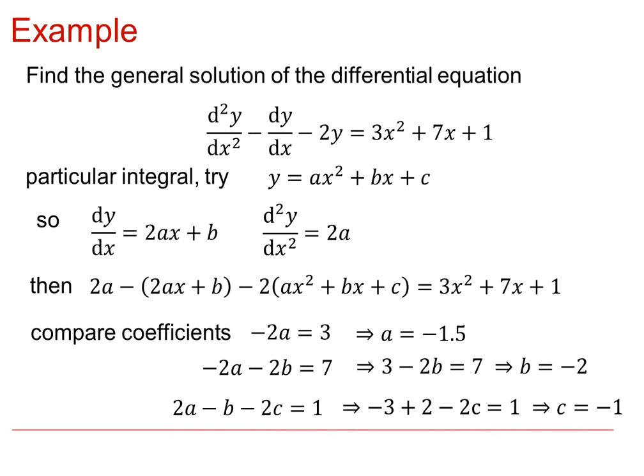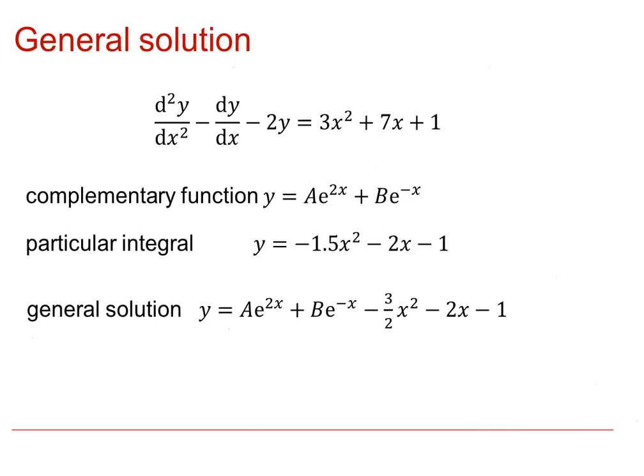So therefore we can use these values for a, b and c in the particular integral. Thus leading us to the general solution, where we have that y equals the complementary function, plus this particular integral with the values of a, b and c as identified in the previous slides.